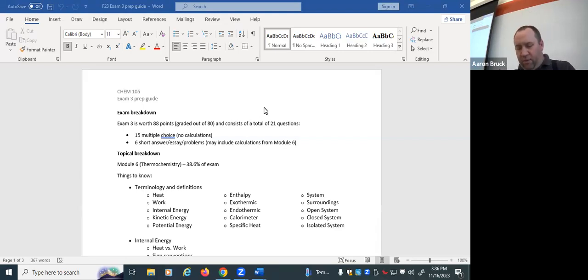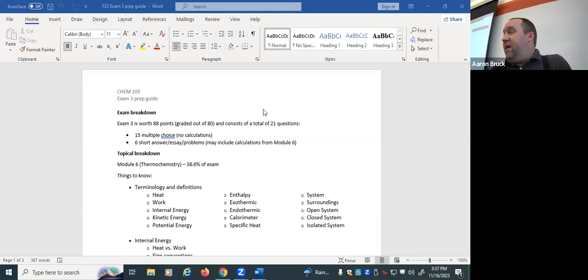So the question was, do you have to know how to draw the three-dimensional VSEPR drawings? The answer there is no. Very similar to the quiz that you took earlier this week, I did not require you to do the 3D drawings there either. I will be asking you for Lewis structures.